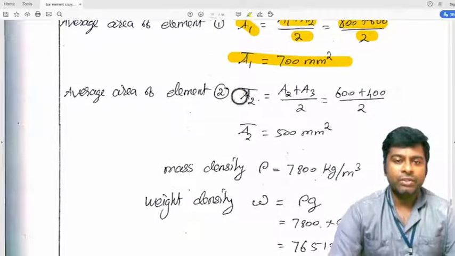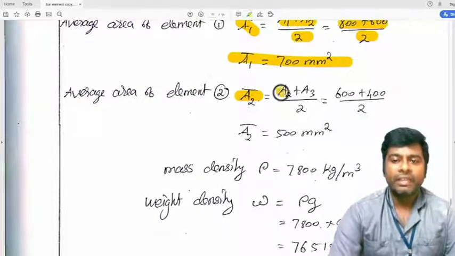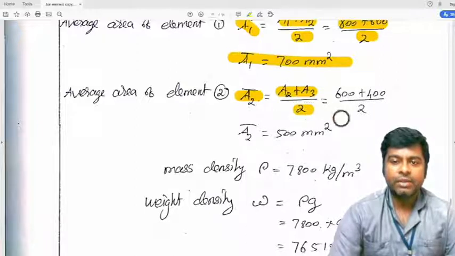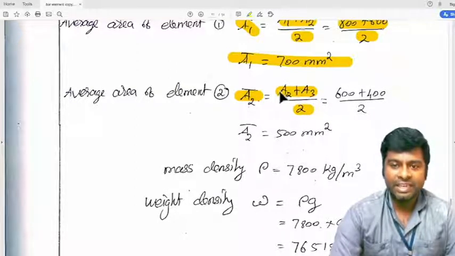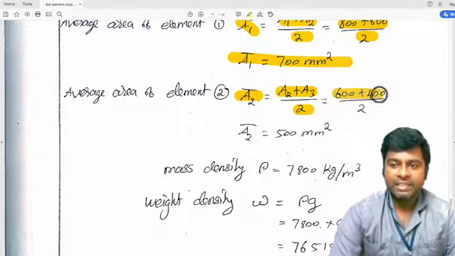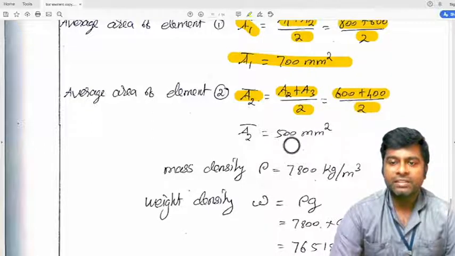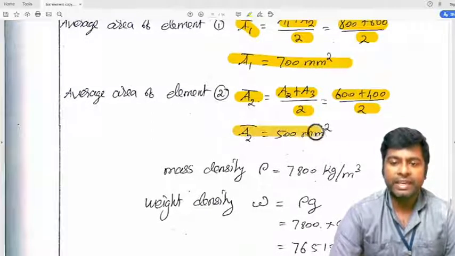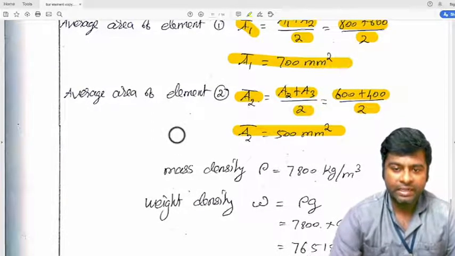Average area of element 2, A2 bar equal to A2 plus A3 divided by 2, because element 2 has two nodes, node 2 and node 3. That is 600 plus 400 divided by 2, that is 1000 divided by 2, equal to 500. A2 bar equal to 500 mm square.